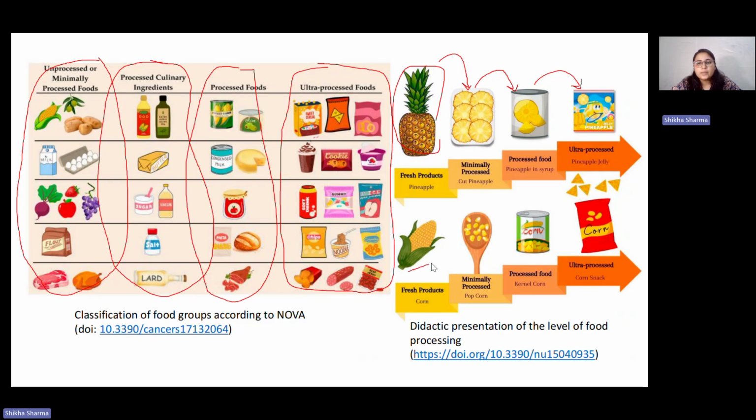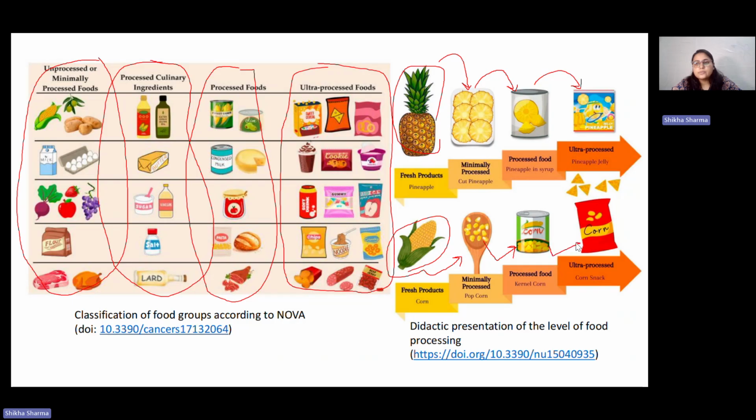Like this is a fresh corn. So this is a fresh product. And when we take out all these kernels of the corn, that is a minimally processed corn. And then if we put it into some can and process it, that is a processed food.